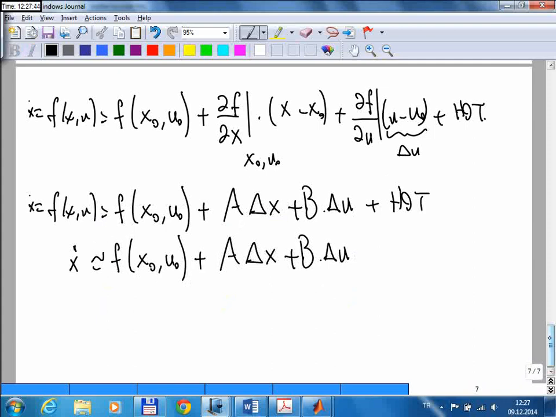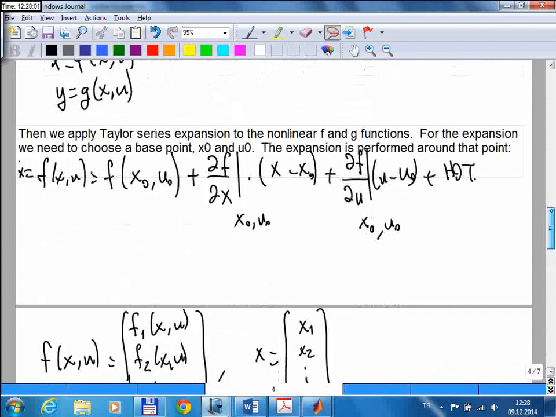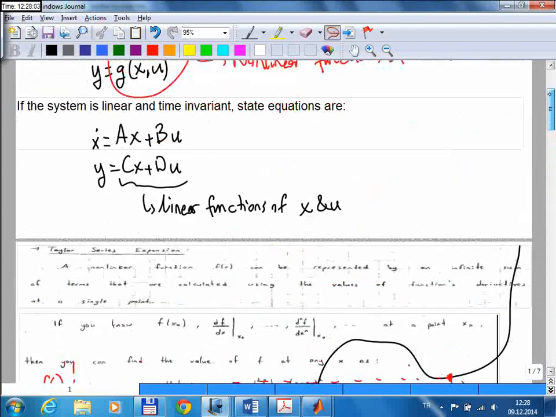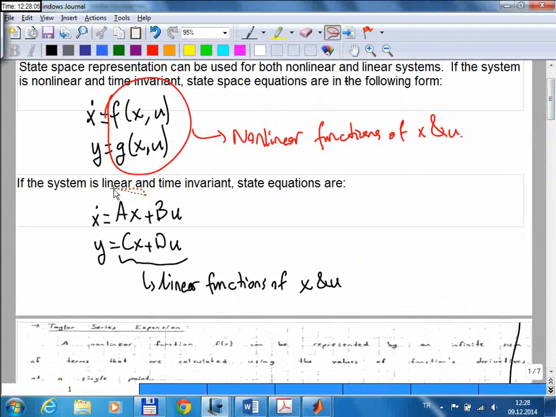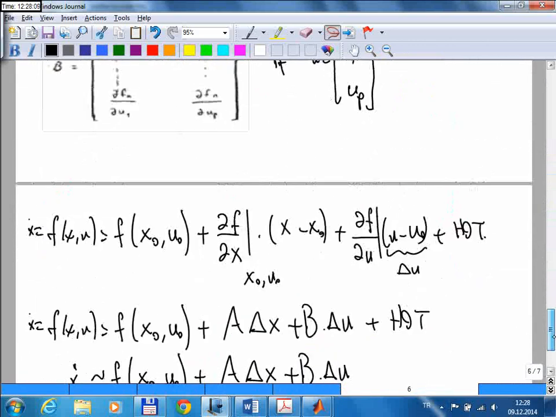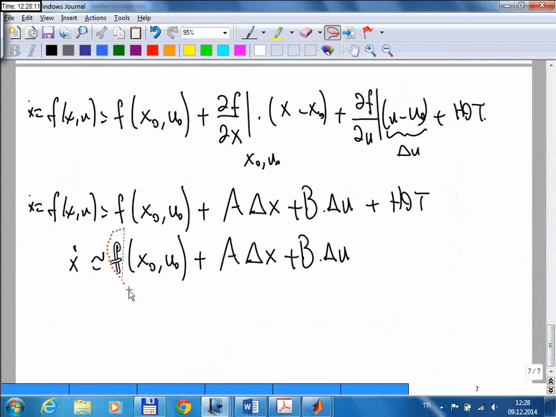Okay, so do you think this looks like a linear state space model? It does, right? It has this term, Ax, Bu, but there's this other term here, and this is not quite in exactly the same form as we want. We want it in exactly this form, Ax plus Bu, and yet here we have this extra term.